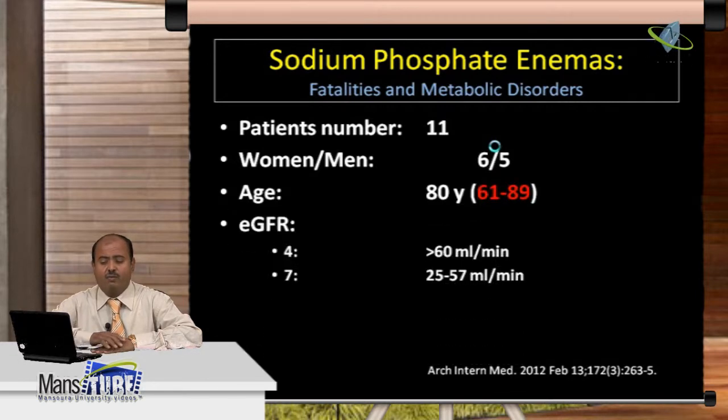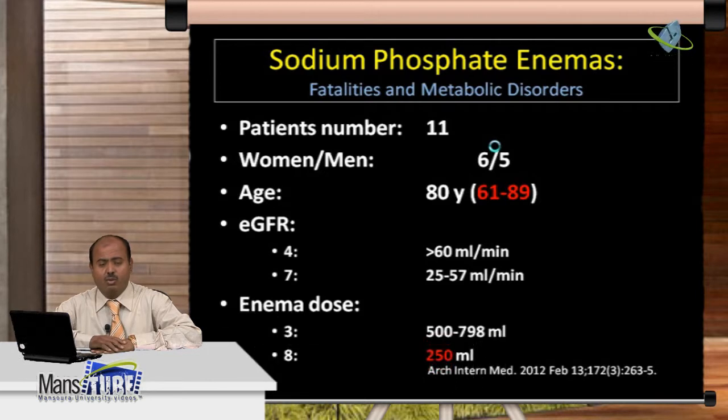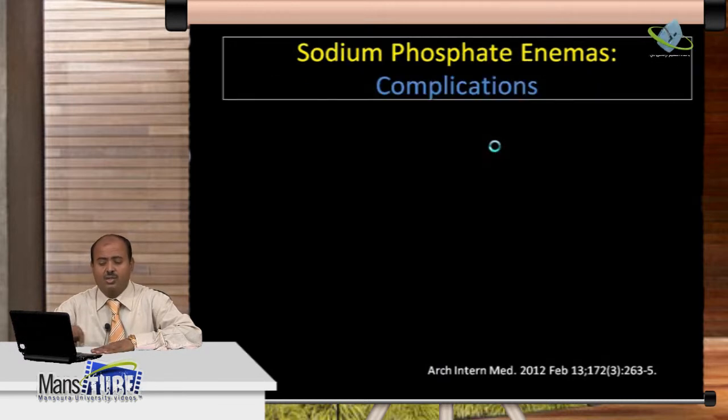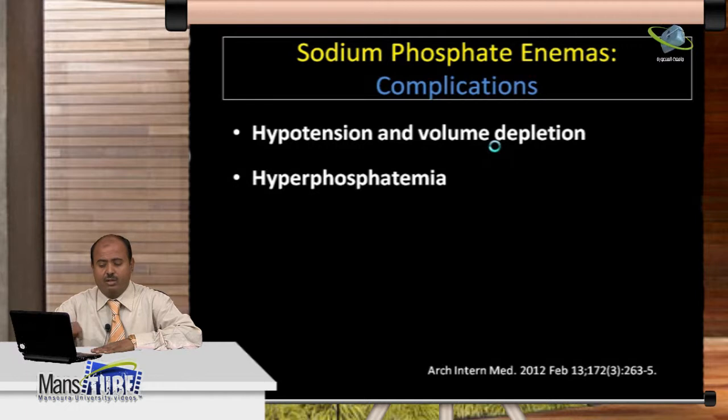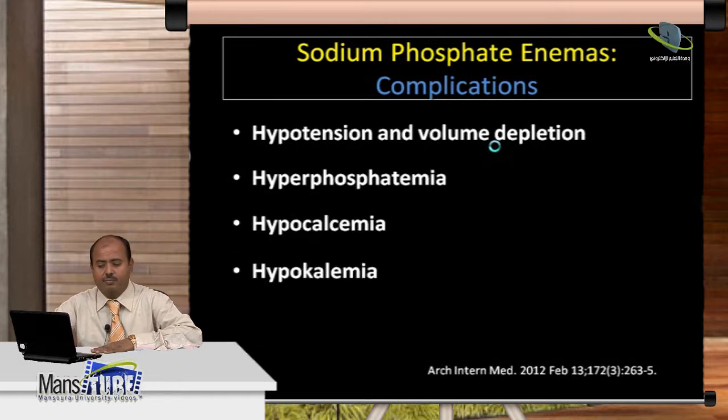The estimated GFR was above 60 in some patients, and 7 patients from 25 to 57 ml per minute. The enema dose in 3 patients was from 500 to 800 ml, and in 8 patients just 250 ml. The complications encountered in this study were hypotension and volume depletion, hyperphosphatemia, hypocalcemia, and hypokalemia.